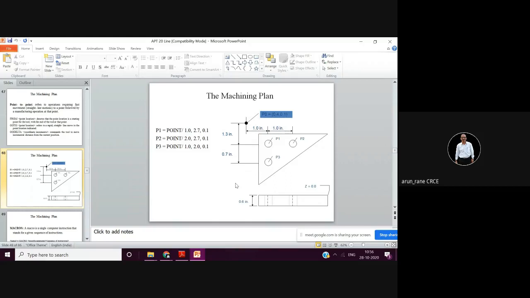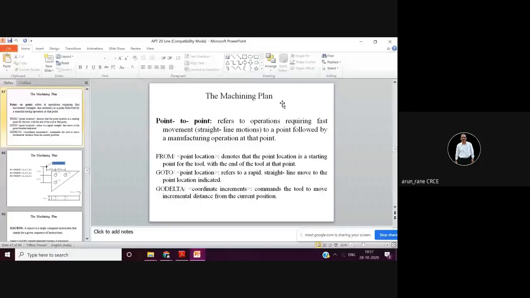Then you have something called macros. First I will just tell you what from, go to, and go delta are. Then we'll go ahead. From means from which point you want to go, that is from point P1, from here to here.